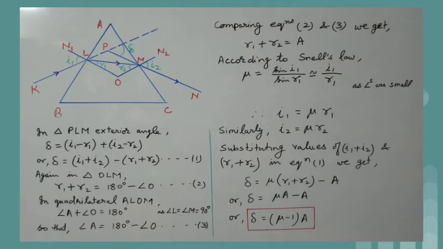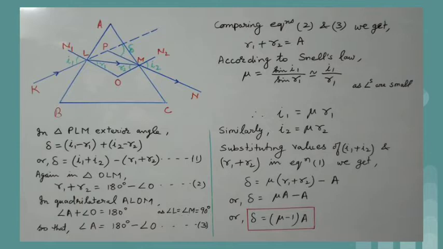Again in triangle OLM, R1 plus R2 is equal to 180 degree minus angle O. In quadrilateral ALOM, angle A plus angle O is equal to 180 degree as angles L and M both are 90 degree. Therefore, angle A is equal to 180 degree minus angle O. Comparing equation 2 and 3, we get R1 plus R2 is equal to angle A.